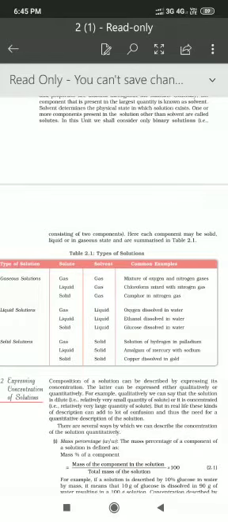Similarly, gas and liquid, liquid and liquid, solid and liquid, gas solid, liquid solid, or solid solid. So these are different types of solutions in which the two phases, that is the solute and the solvent, are in different states.